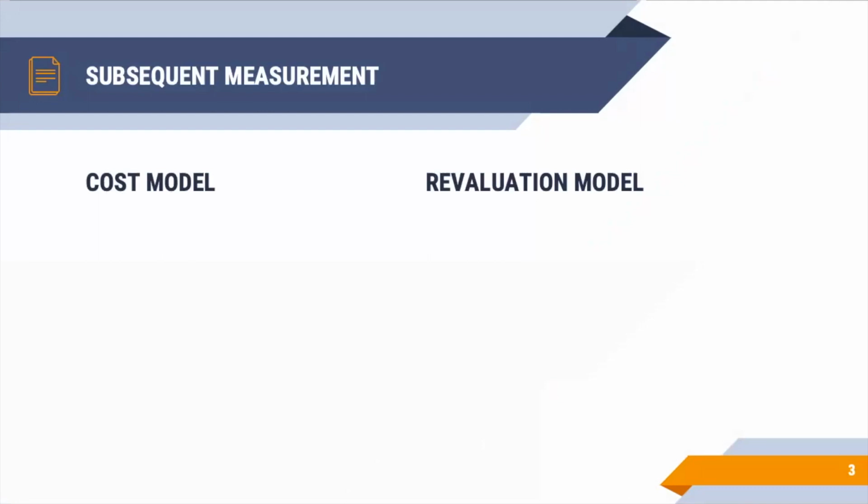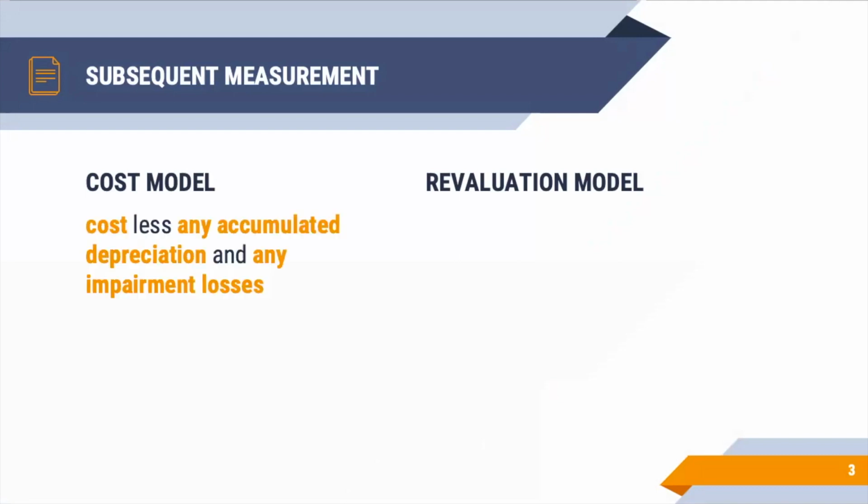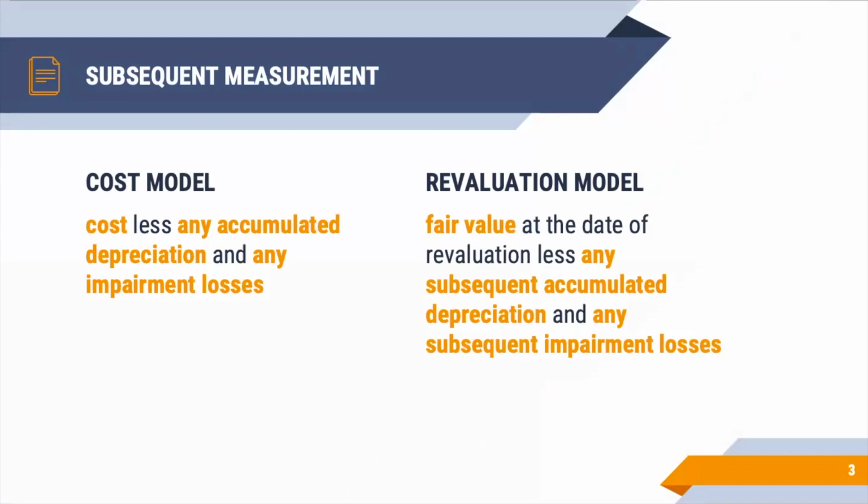First is the cost model. Second is the revaluation model. Under the cost model, it is measured at cost less any accumulated depreciation and any impairment losses. Under the revaluation model, it will be measured at fair value at the date of revaluation, less any subsequent accumulated depreciation and any subsequent impairment losses.